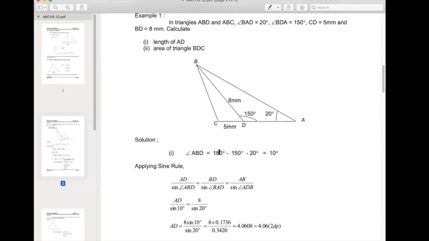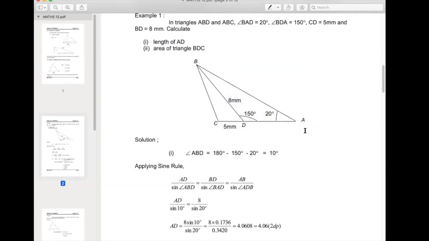So we take 180 minus 150 and 20 because the total angles inside a triangle is 180 degrees, right? So 180 minus 150 minus 20, we have 10. So this is the smallest angle, 10 degrees, angle B. Then next we're going to solve for the length of AD.